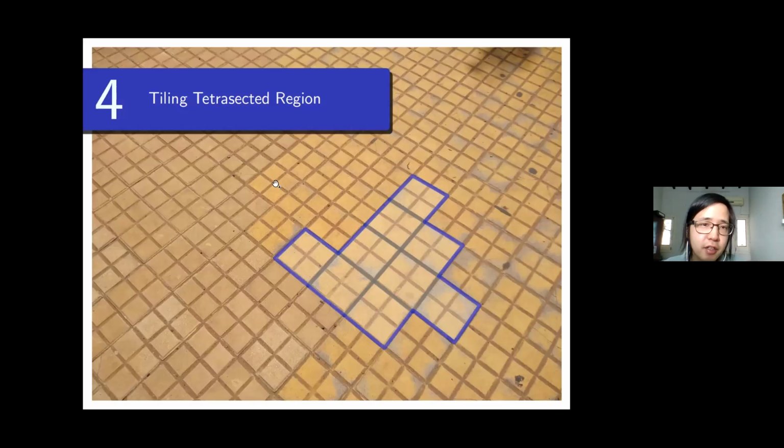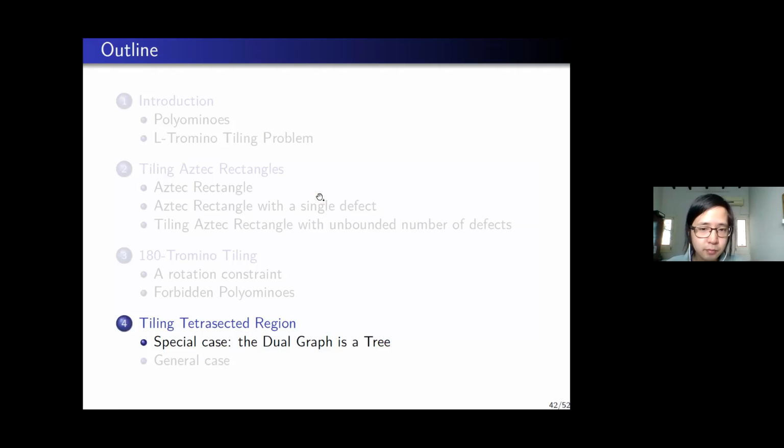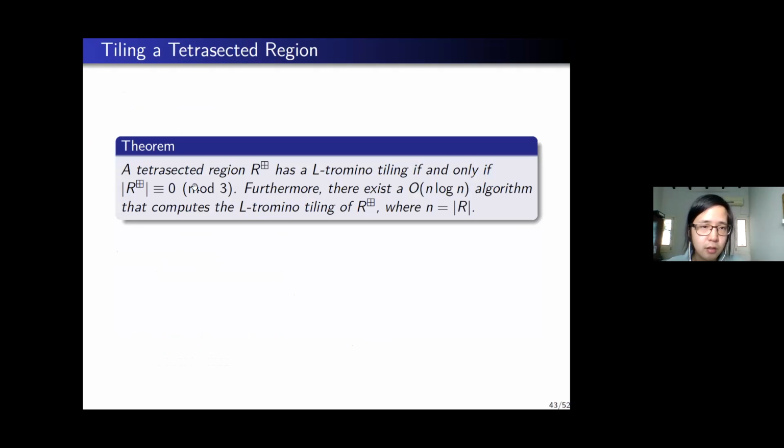Finally, we have the tetrasection, a tiling algorithm for a tetrasected region. We have found that a tetrasected region can always be tiled with L-trominoes if and only if the number of cells of the region is a multiple of 3.